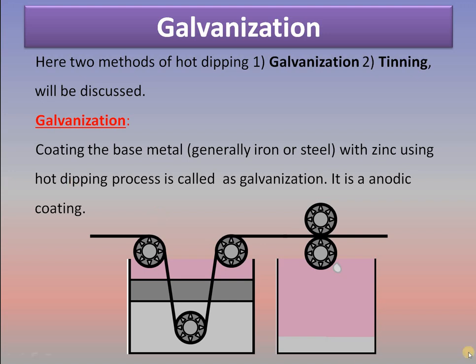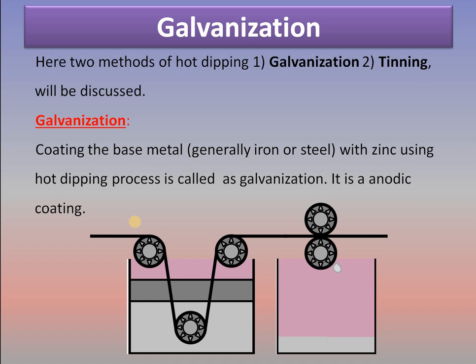So let's discuss the galvanization process. In galvanization, the base metal, either iron or steel, is first pre-treated in order to have a good adhering and uniform coating. This pre-treatment includes washing the base metal using dilute acid.